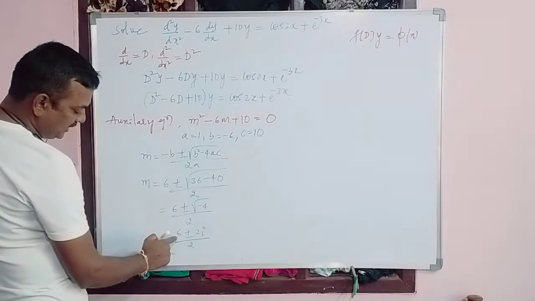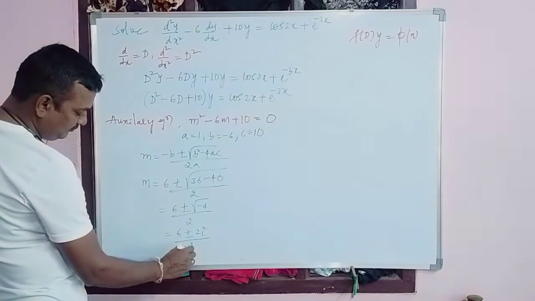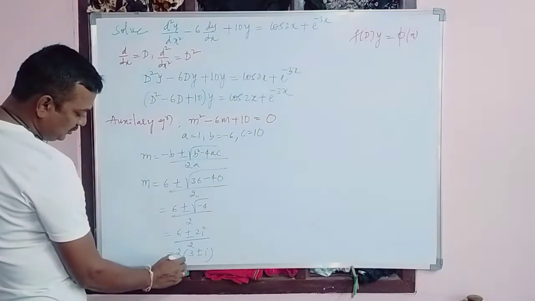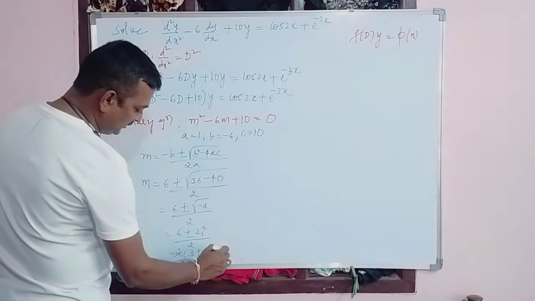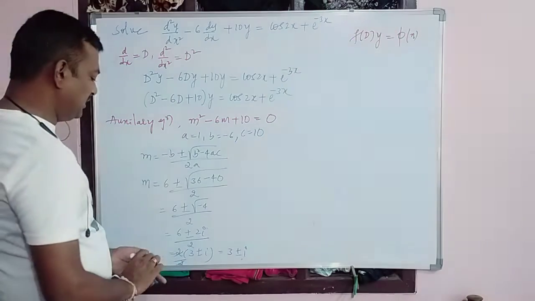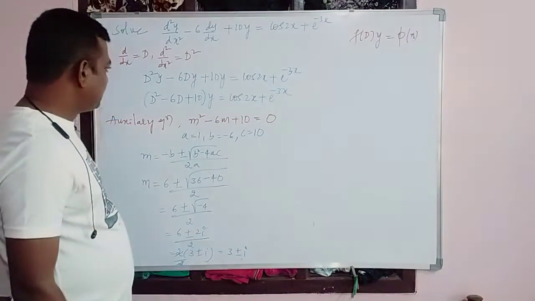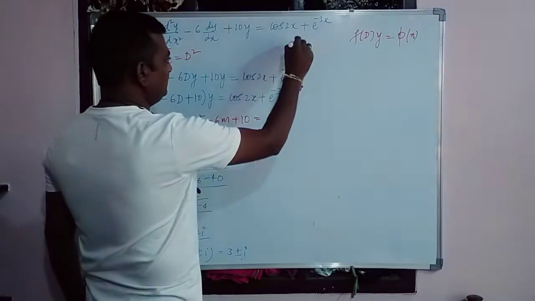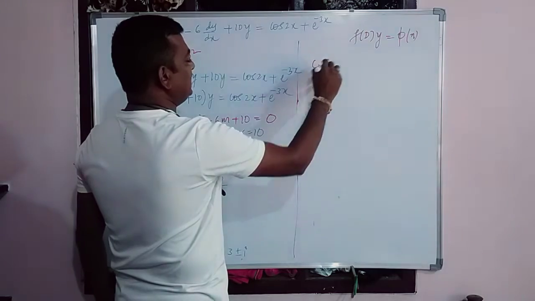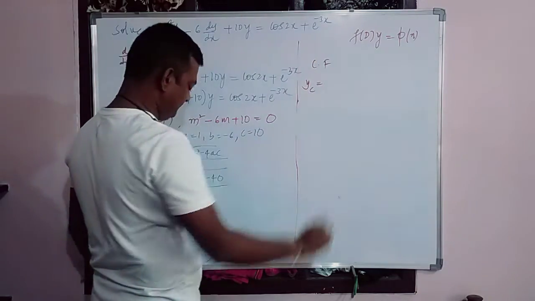Take 2 common in the numerator: 3 plus or minus i divided by 2, the 2 gets cancelled. You will get 3 plus or minus i as the roots. So with respect to this, what is the complementary function? The complementary function CF is denoted by yc.